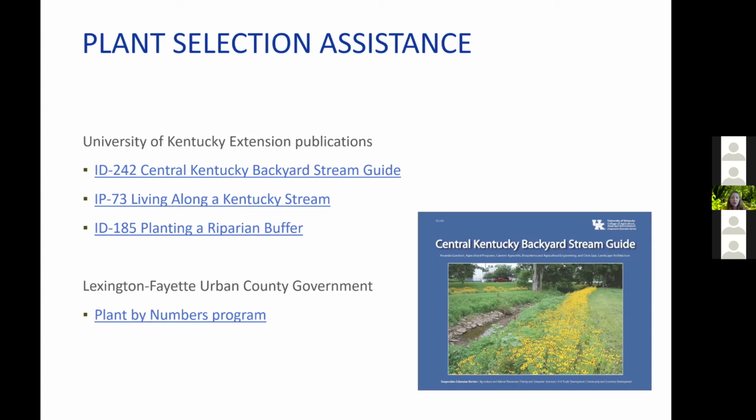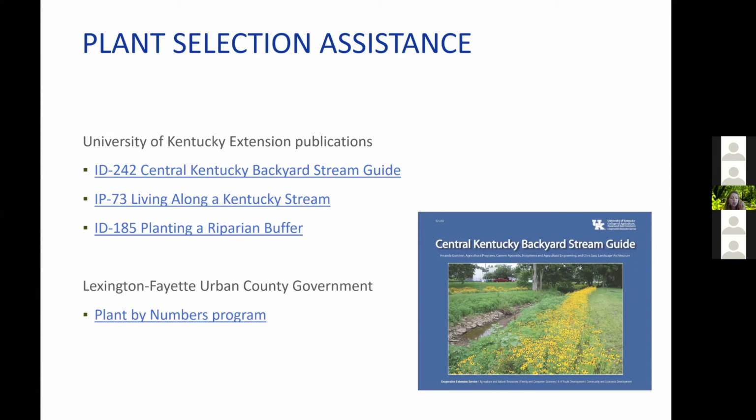I worked with a few botanists to help with the plant list selection, and so a lot of those plants are specifically locally native to Central Kentucky, but they're all Kentucky native. So some botanists split hairs a little bit on what's native where in the landscape. So there's a planting list in all three of these publications.